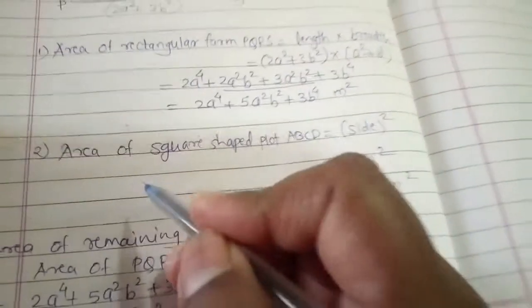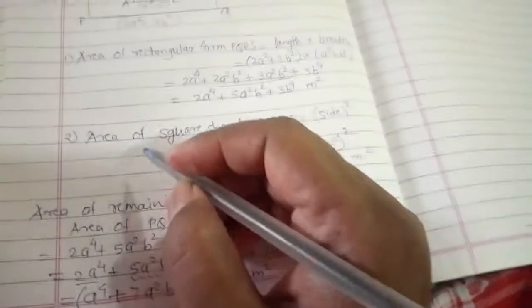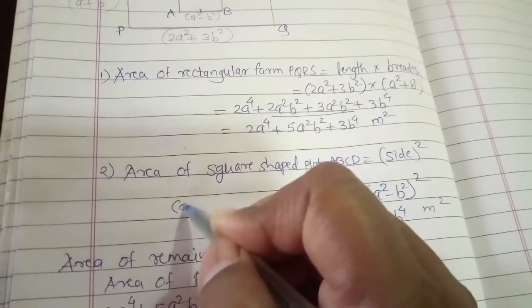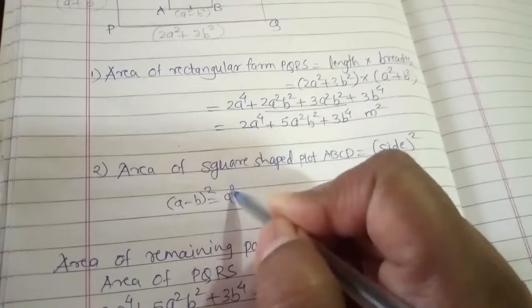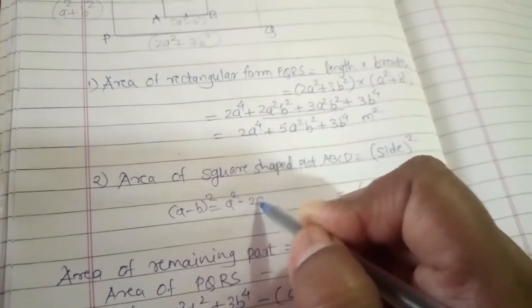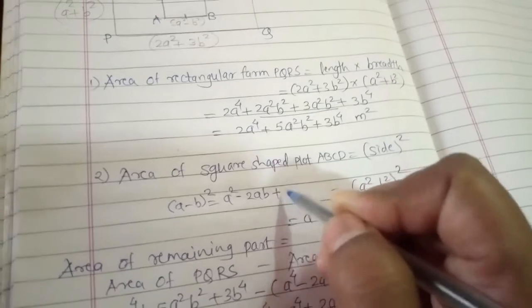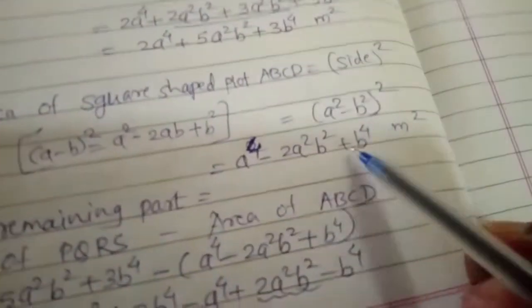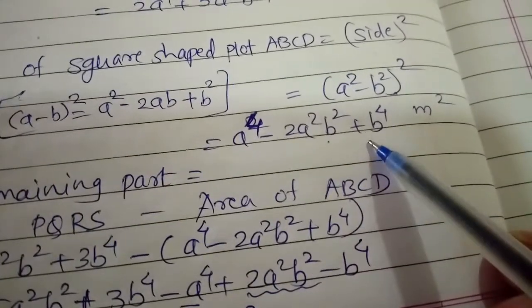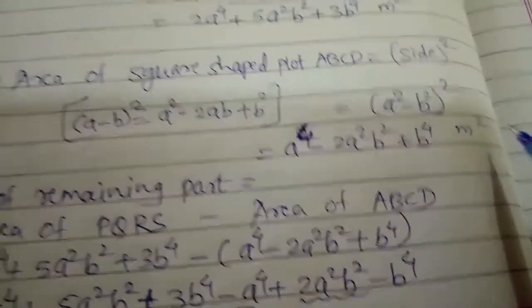You already learned it in the 8th standard, that is a minus b bracket square is equal to a square minus 2ab plus b square. So using this formula we solve this bracket. So a raised to 4 minus 2a square b square plus b raised to 4 is the answer.